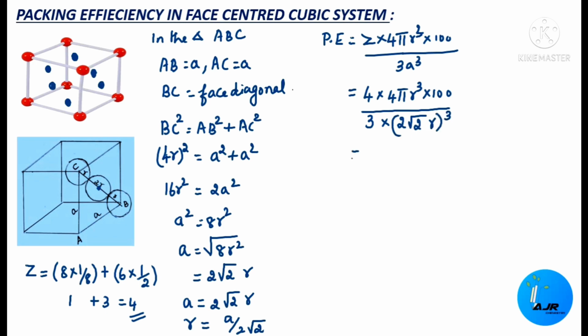Now, when you are simplifying this, you'll be getting 4 into 4 pi r cube into 100 divided by 3 into 8 into root 2, then r cube. Now this r cube and r cube get cancelled.